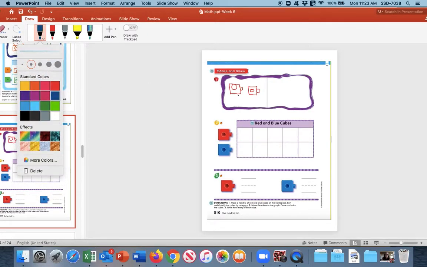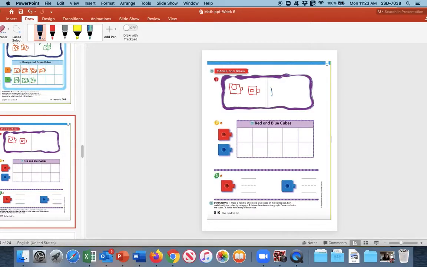And we're going to do, how about 3? We'll do 3 cubes. So draw 3 blue cubes. And if you have colored pencils, that is perfectly fine.